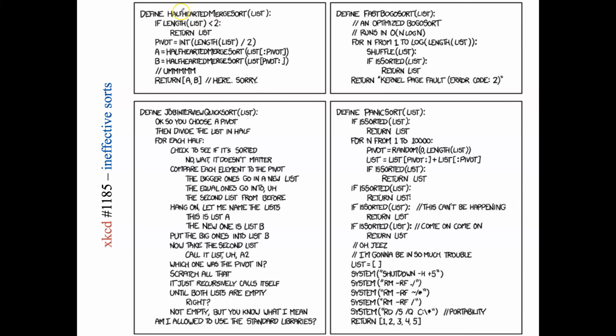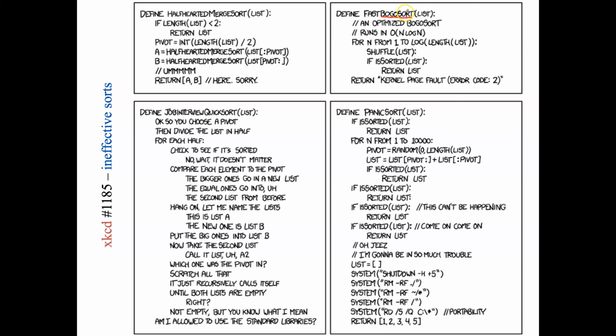So we have a half-hearted merge sort, which is kind of like the merge sort that you've seen, except it's not fully implemented. It'll at least break a list up into the first half and second half, but then it never actually merges them, it just puts them right after the other. Then we have the fast BOGO sort. We actually didn't talk about BOGO sort in this class because it's the most inefficient sorting algorithm that there is.